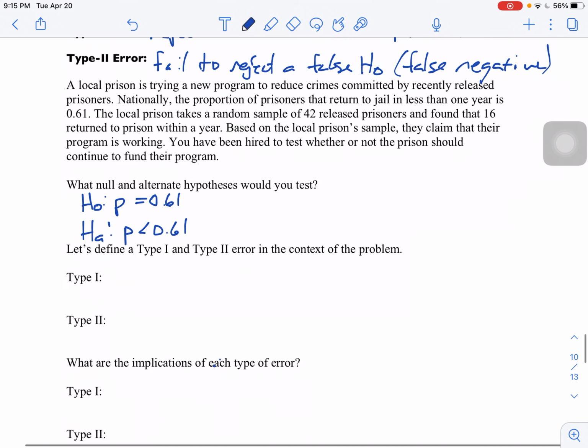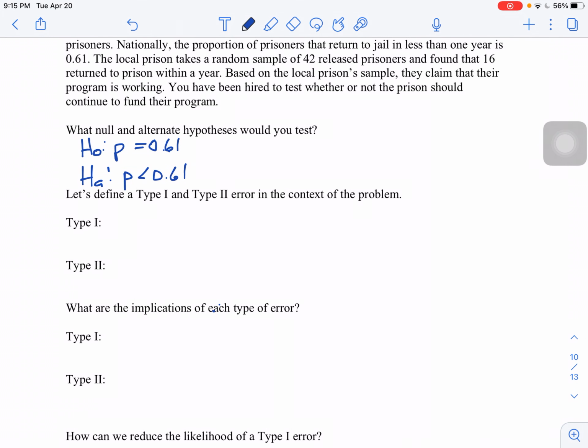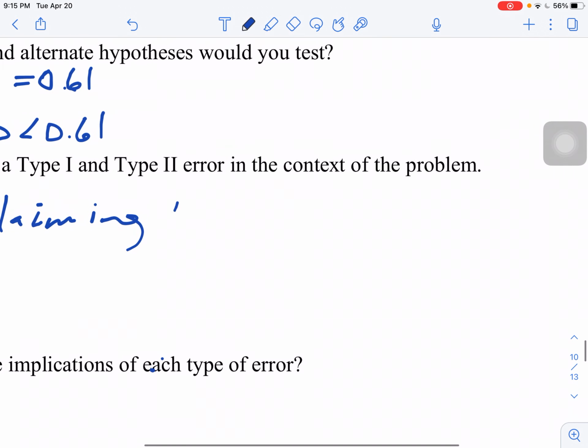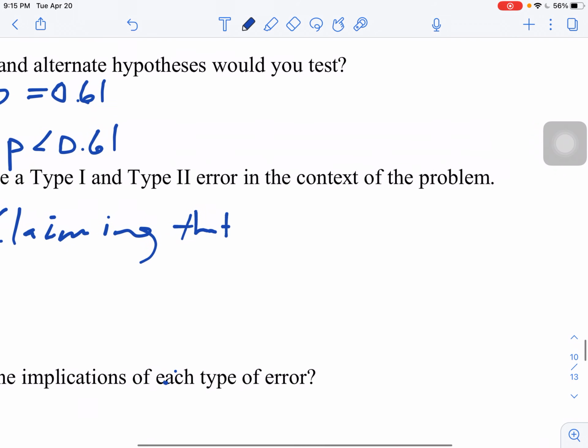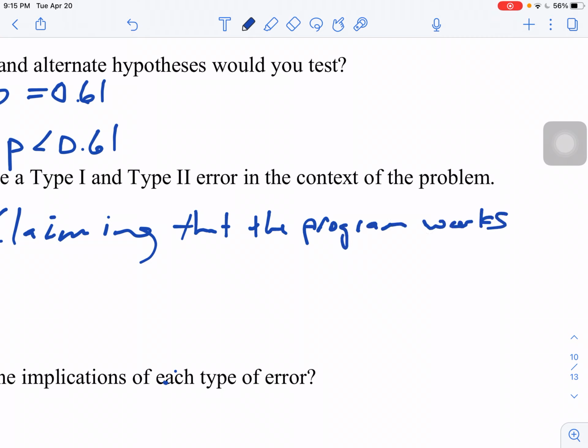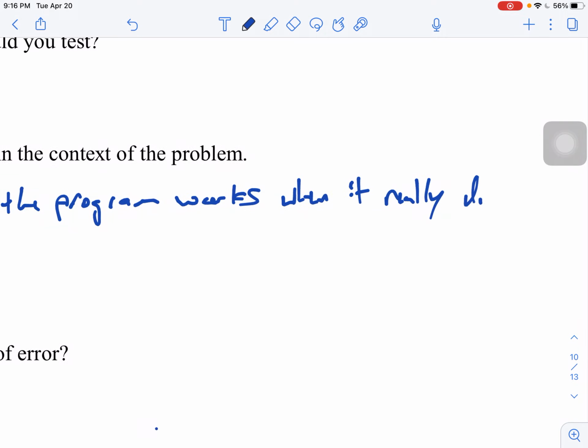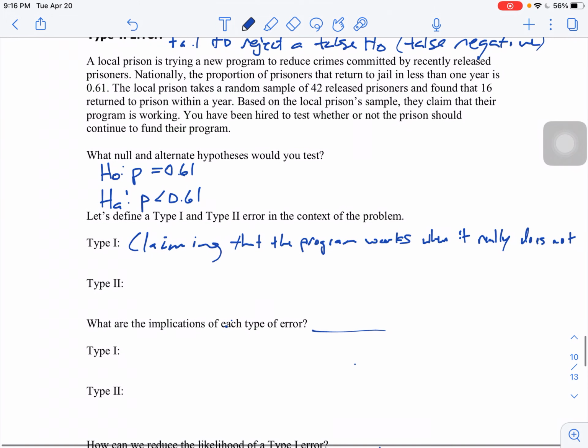So we are going to be claiming that the program works when it really doesn't.